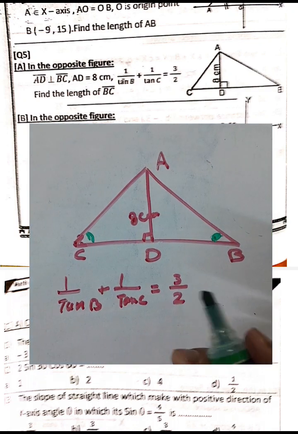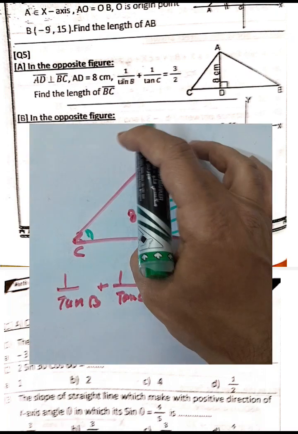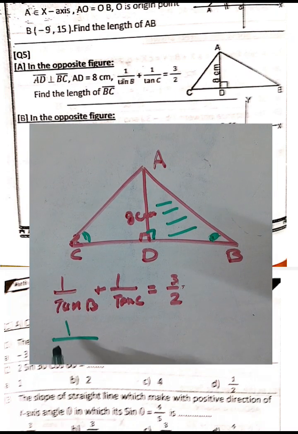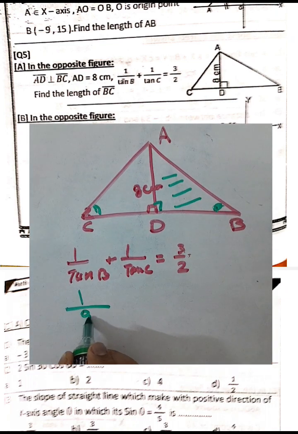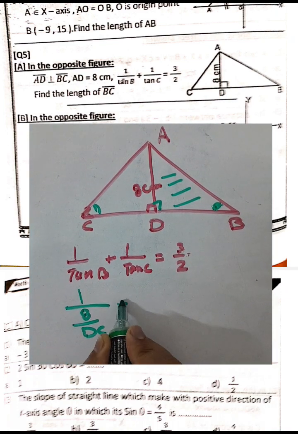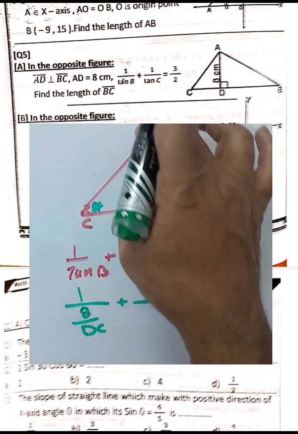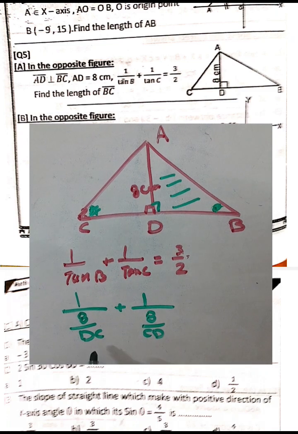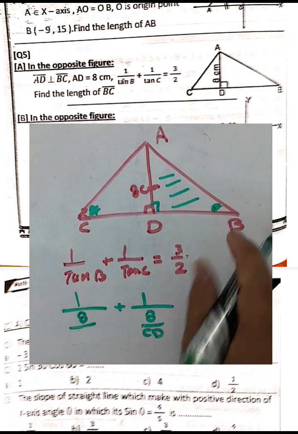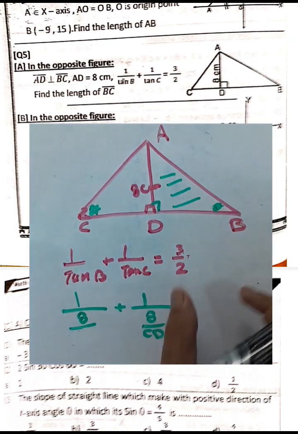Okay, you can write what? Write tan B from the right angle triangle here. Tan will be opposite over adjacent. Then you can write 1 over tan B equal 8 over DB. Write 8 over DB. Okay, and 1 over tan C from this triangle. Tan will be opposite over adjacent, 8 over CD. Again, from this triangle, tan B equal 8 over BD.